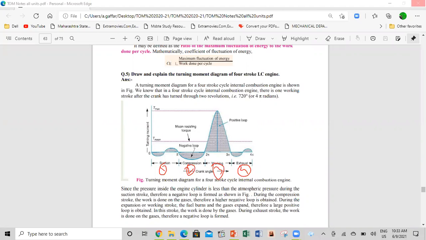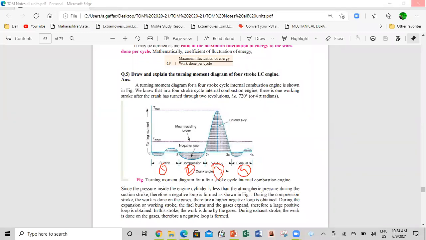This is the main function. Like a bank, yesterday I explained to you by giving the example of a bank. So this is the main function of flywheel, to store the energy. Which energy? Extra energy generated in power stroke or expansion stroke, and supply it whenever it is required.